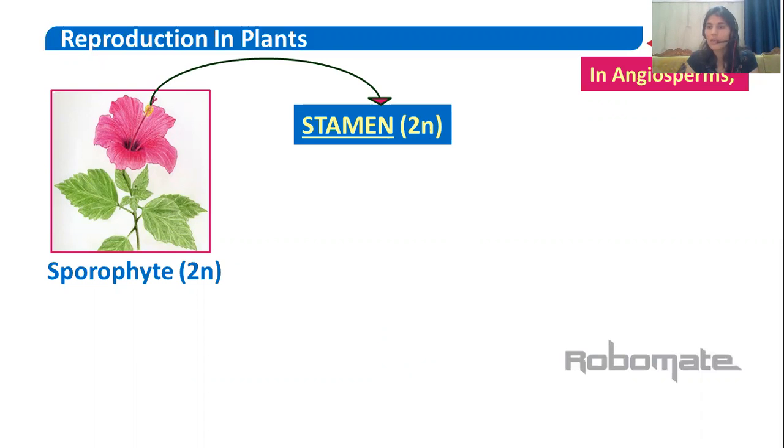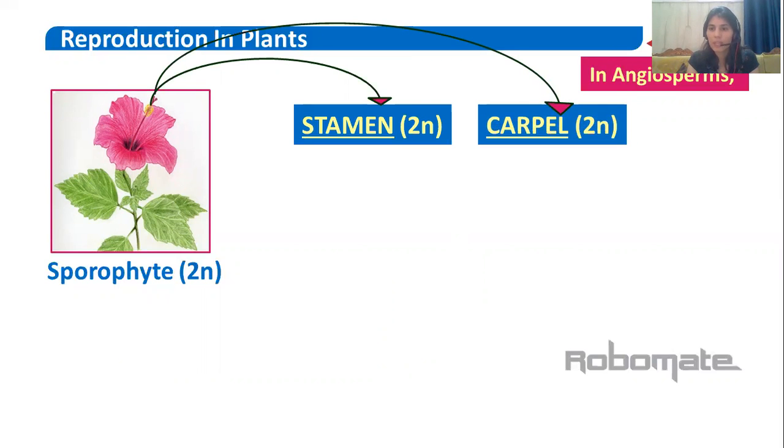Flowers are of various kinds. It may be possible that they contain only a male reproductive structure, or both. Here we are talking about the flower which contains both male and female reproductive structures. The stamen is the male reproductive structure, and the carpel is the female reproductive structure.